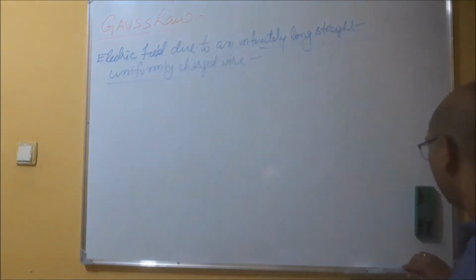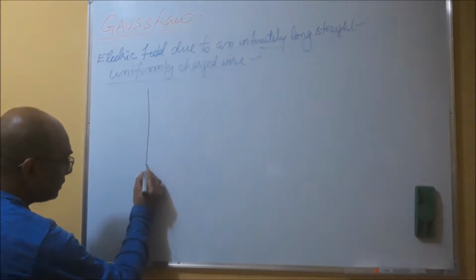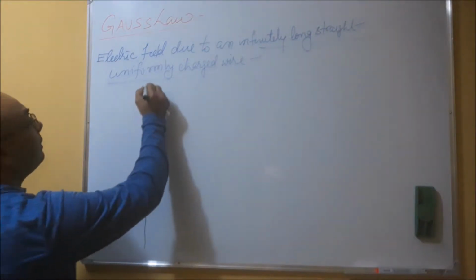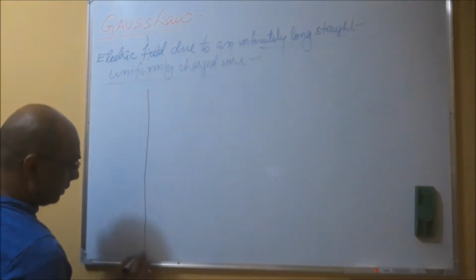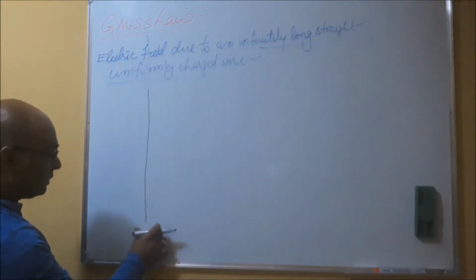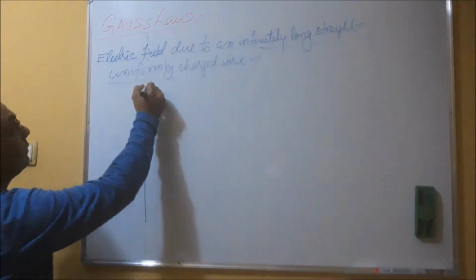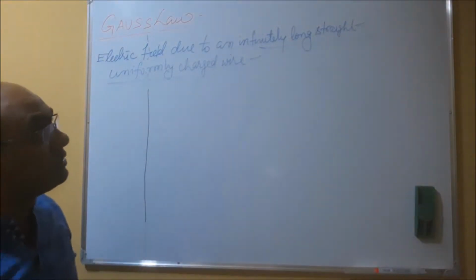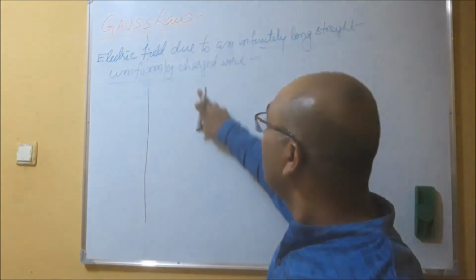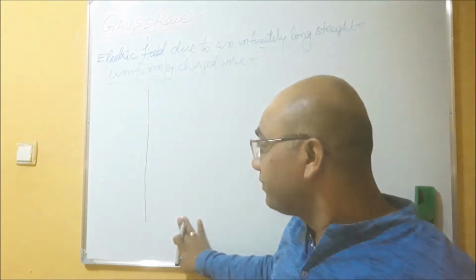Suppose this is uniformly charged and infinitely long, which means it is going like this, and from here also it is going like this, infinitely. So this is an infinitely long, straight, uniformly charged wire, which means it is a line charge.